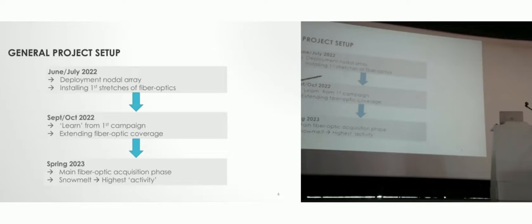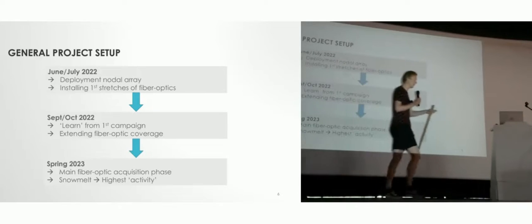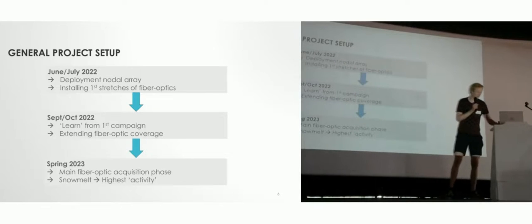To then in September, October 22, take the lessons from this first field campaign and extend the fiber optic coverage. To then in spring 23, do the main fiber optic acquisition phase, during the snow melt season, where from previous data we know that the highest activity will take place in that period.